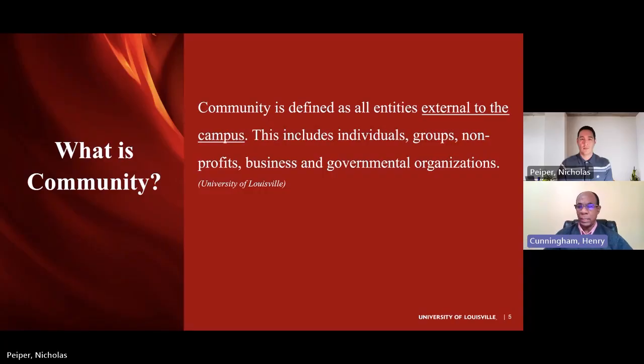Is that my community? And I say it is a community, but in this context, it's not the kind of community that we are talking about. We're talking about an entity that is outside of the university's campus. And these may include, again, nonprofits, businesses, or any government organization. That is what we mean by a community partner: any group that is outside of our campus walls.